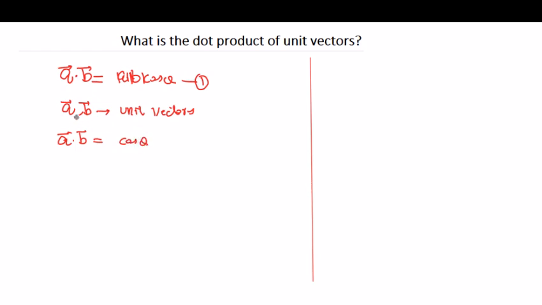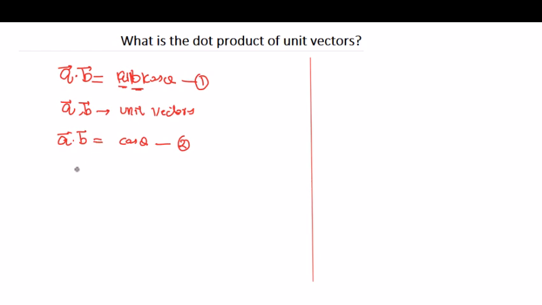Because if vector A and B are unit vectors, then their magnitude A magnitude and B magnitude will be equal to 1. Now let's suppose this is equation 2.